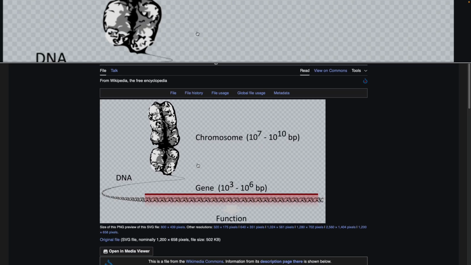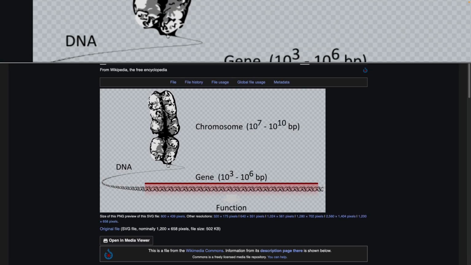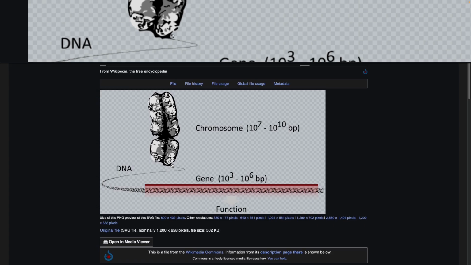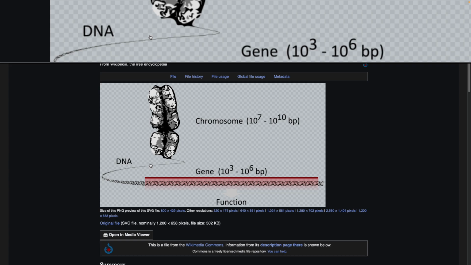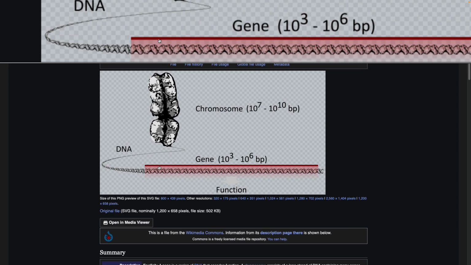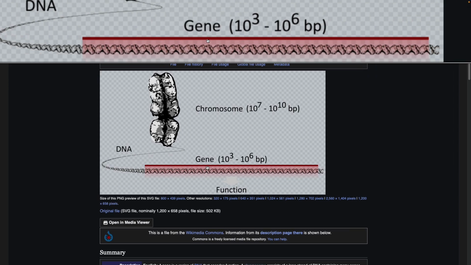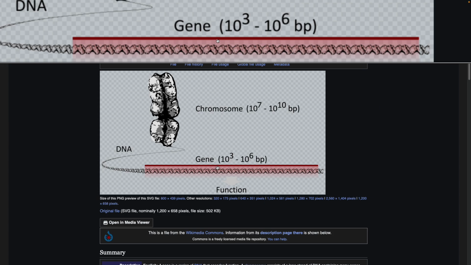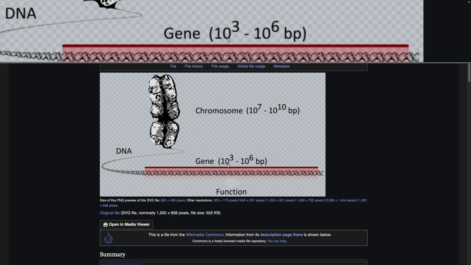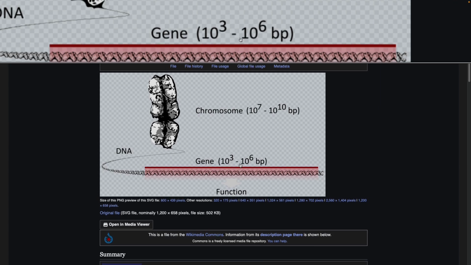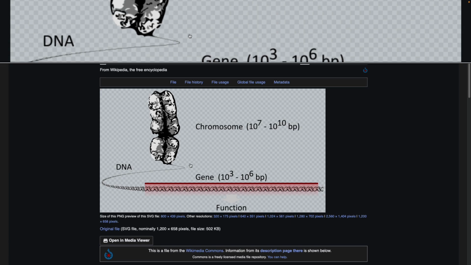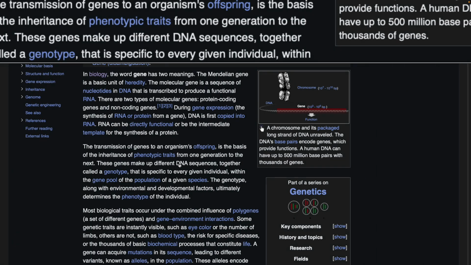I'm going to use a terrible metaphor, but it's kind of like a sock that your grandma has knitted for you, and the thread that it's been knitted from is this DNA strand, and then the gene, which has some function to it, is 10 to the 3rd to 10 to the 6th base pairs. All right, very confusing, but let's move on.